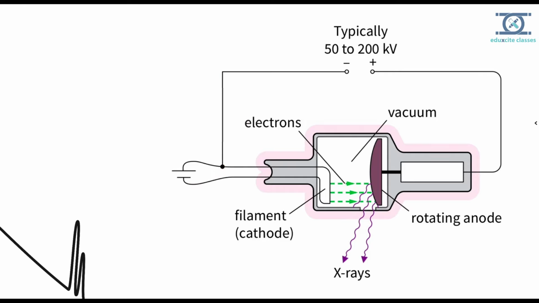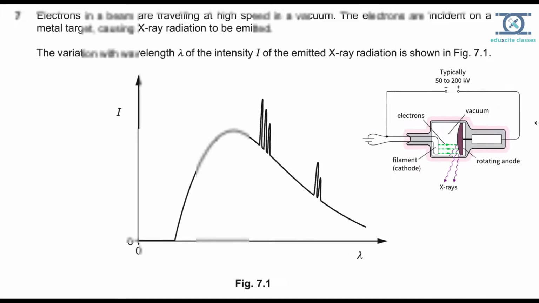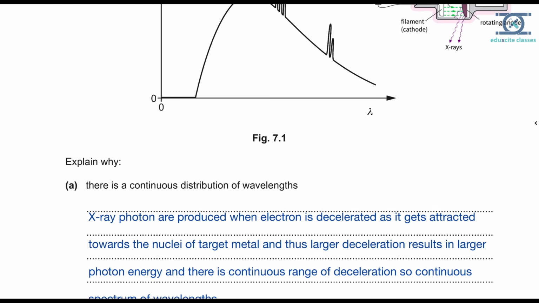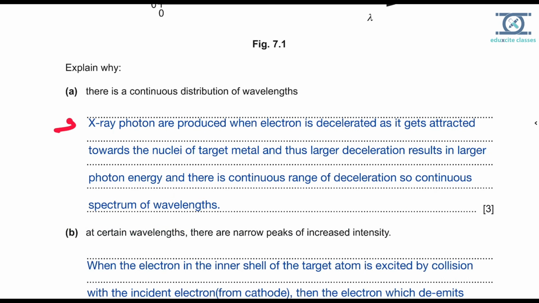So when an electron is projected towards the atom, it is continuously getting decelerated, and the photon energy is being reduced in the form of radiation. So you can answer in this manner.